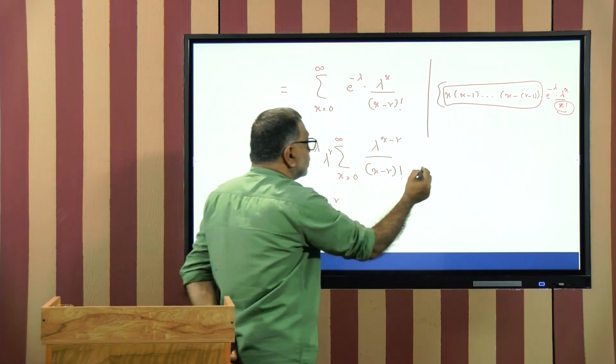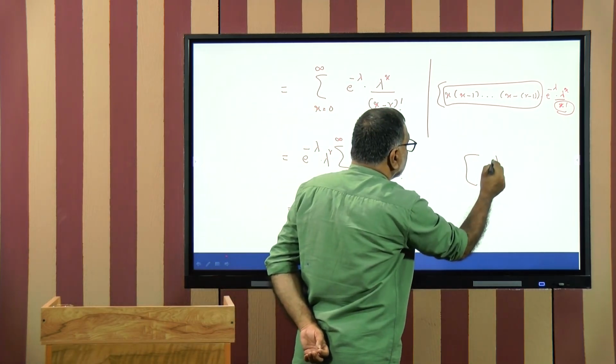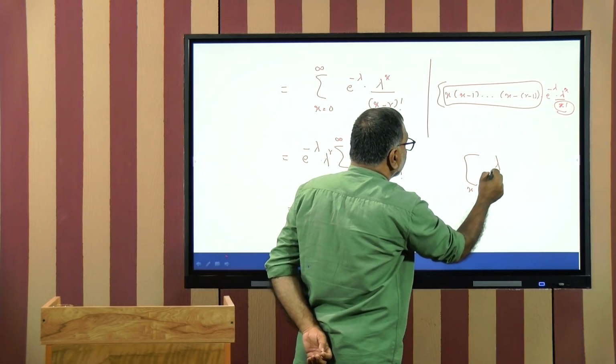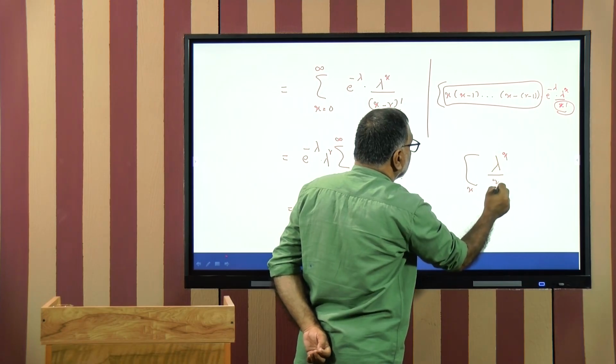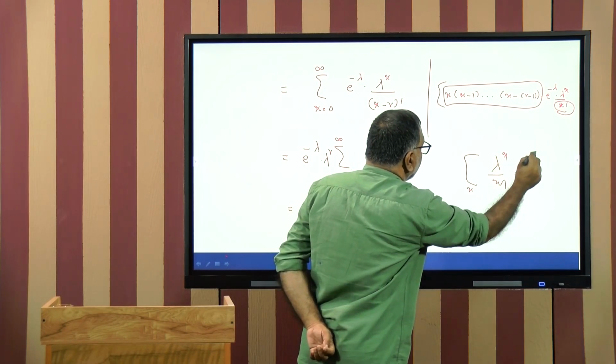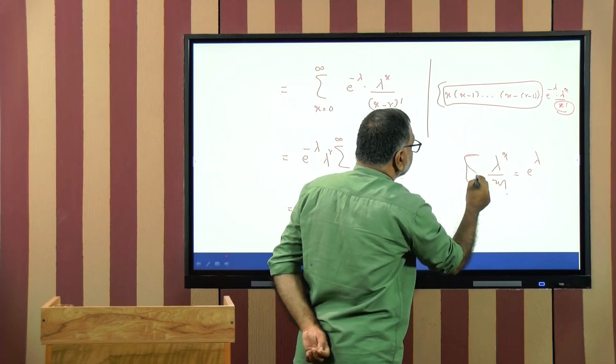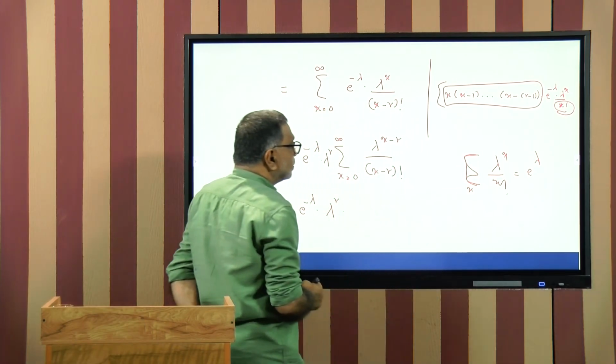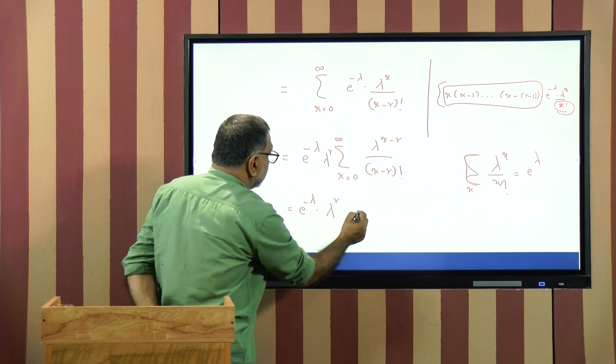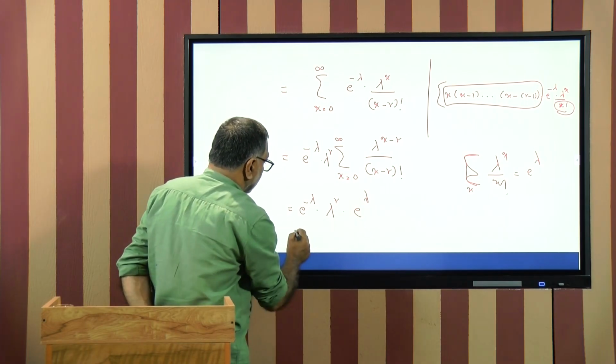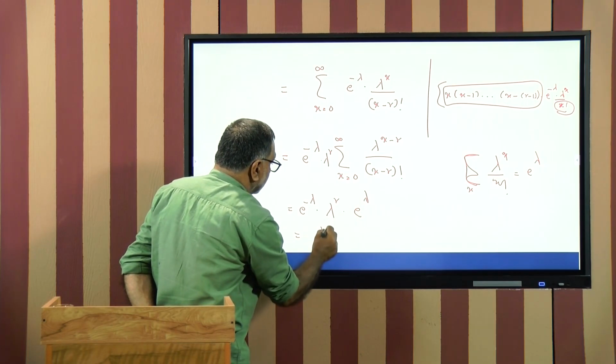And this is a known result, sigma over x, lambda power x divided by x factorial, is known as e power lambda. So, that is lambda power r.